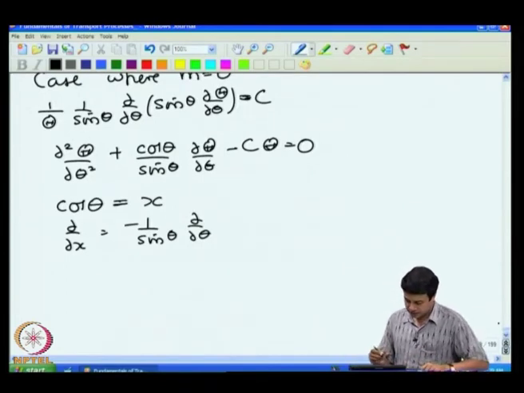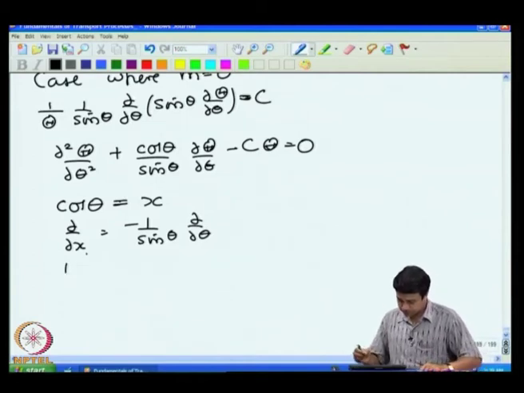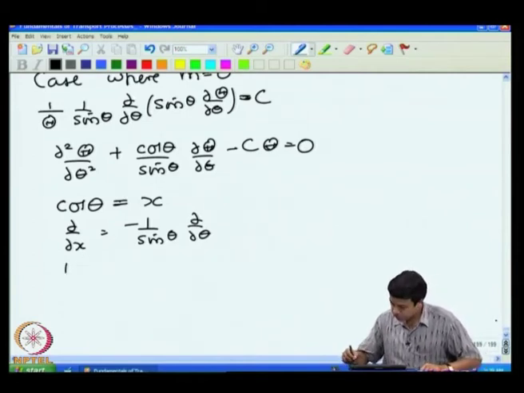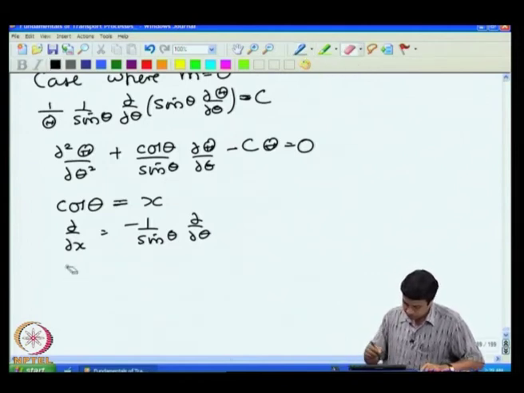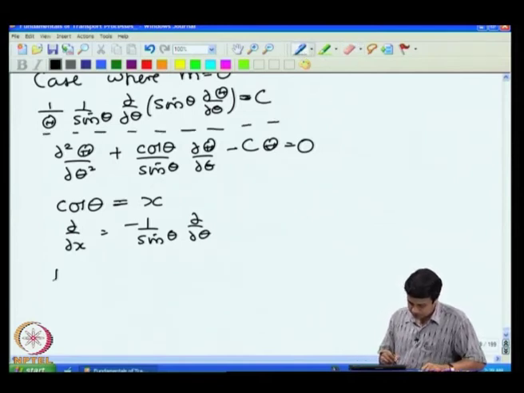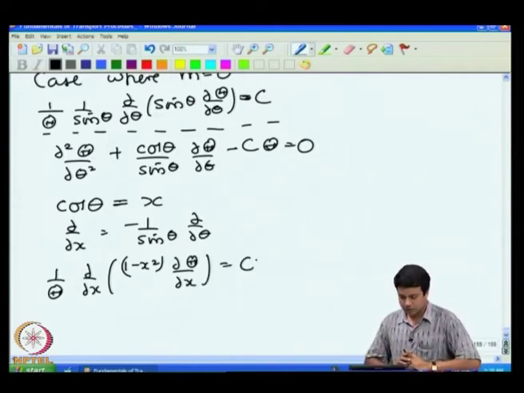Therefore, in this equation I can rewrite this as 1 over theta d by dx of 1 minus x square d theta by dx is equal to c. 1 over sin theta d by d theta is d by dx.